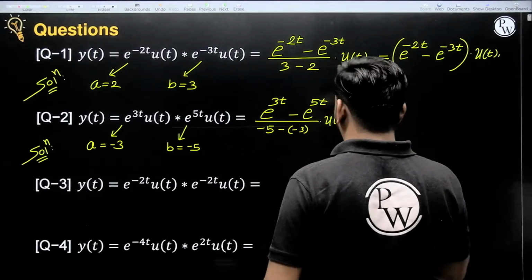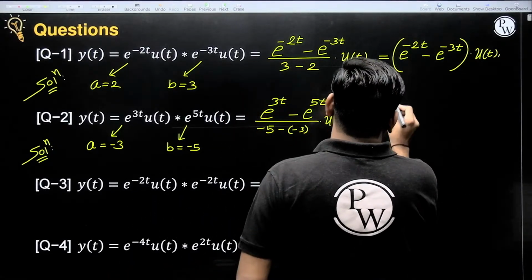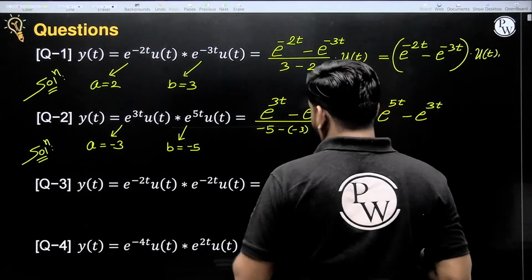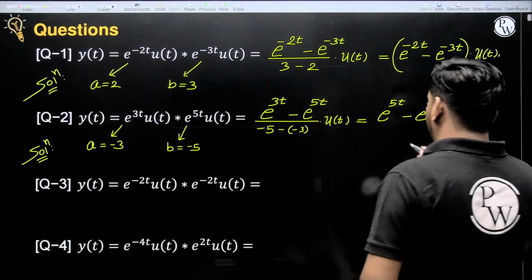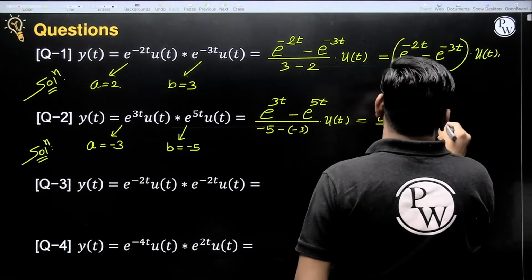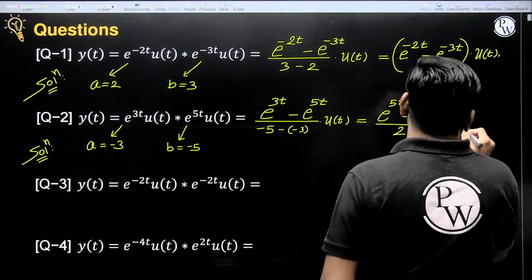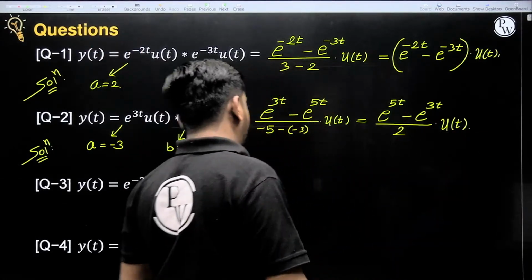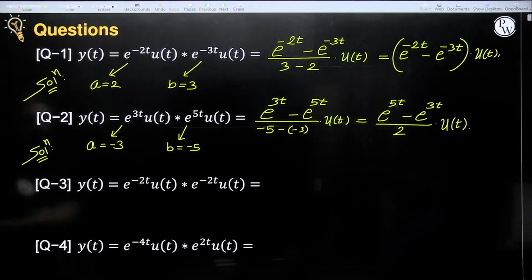So this answer should be e power minus 3t minus e power minus 5t, divided by 2, u of t, guys. Is that clear? Okay. Next question.